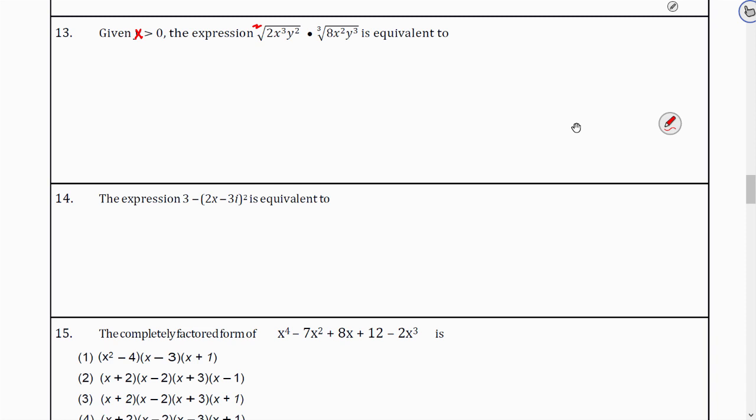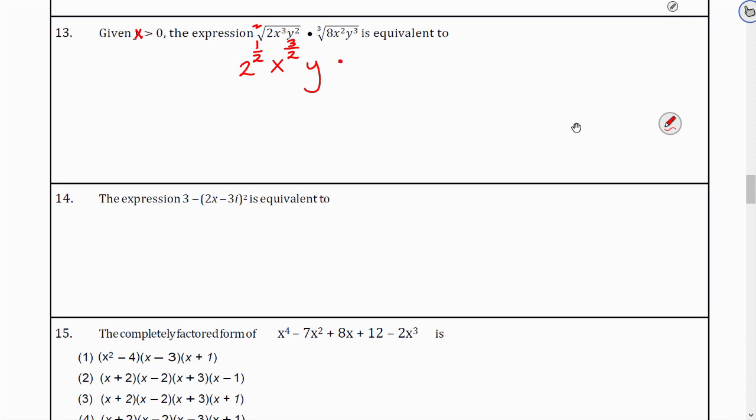So I'll think about not the square root of 2, although it is, but 2 to the power of 1/2, because the power of 1/2 is the same as a square root. The x, however, has a power of 3 and a root of 2, and so the power is 3/2. It's always power over root. The square root of y squared is y.